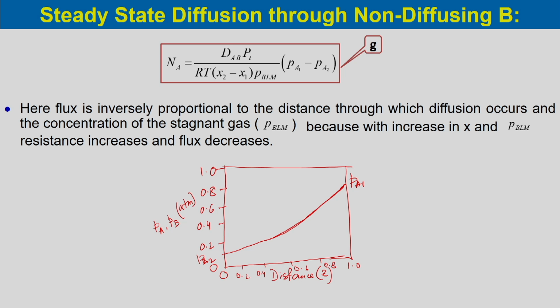And the concentration variation of PB can be expressed, PB1.